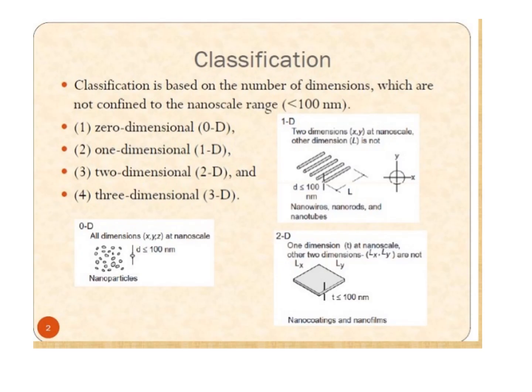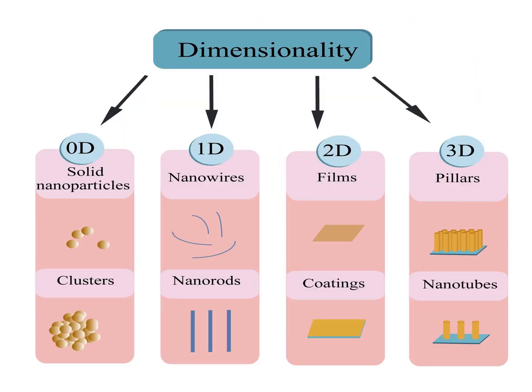The nanomaterial can be classified as 0 dimensional, 1 dimensional, 2 dimensional, and 3 dimensional. These are certain examples of different classes of nanomaterial.